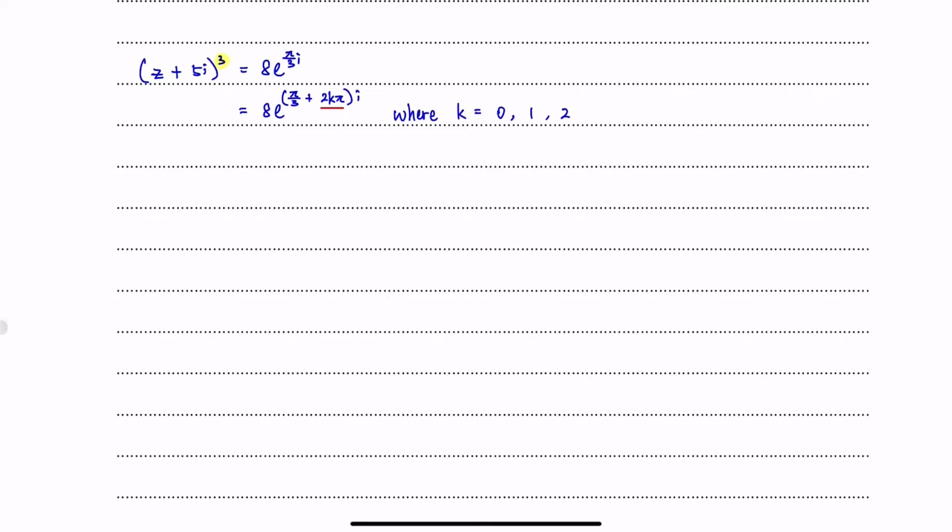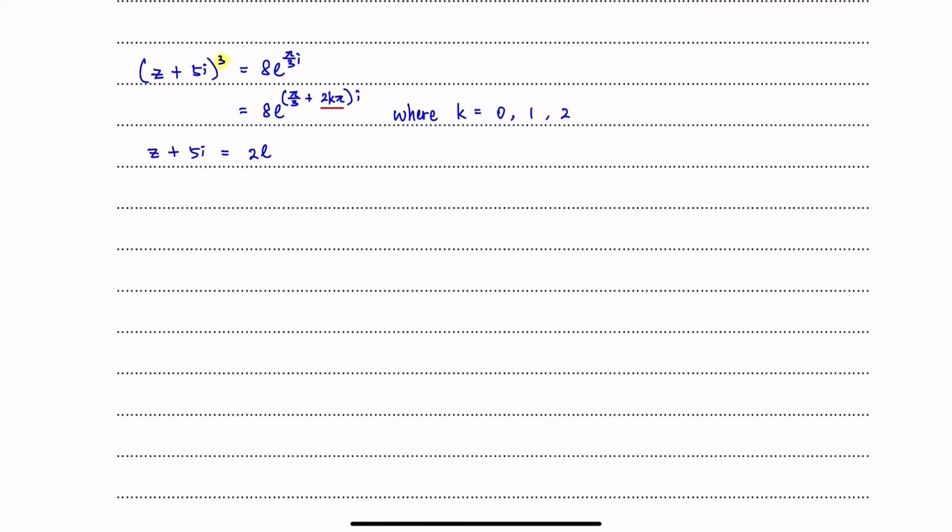So z plus 5i equals, so you will cube root this whole thing. Alright? So the cube root of 8 is 2.